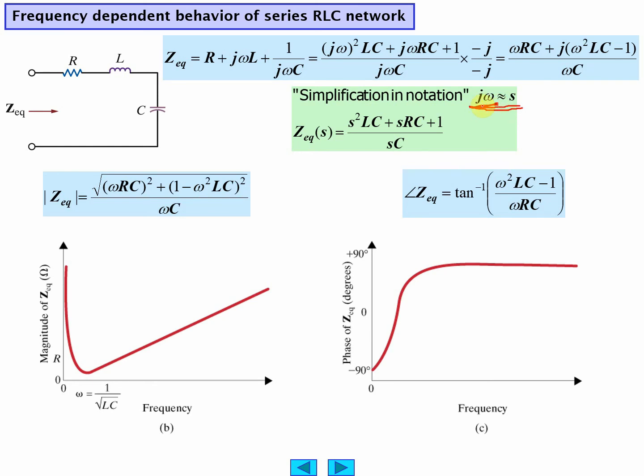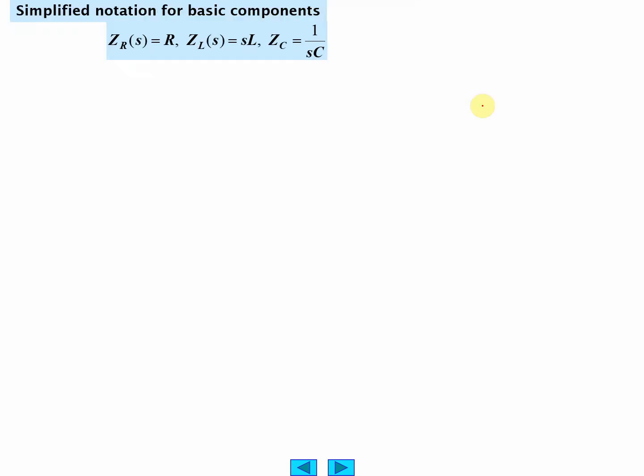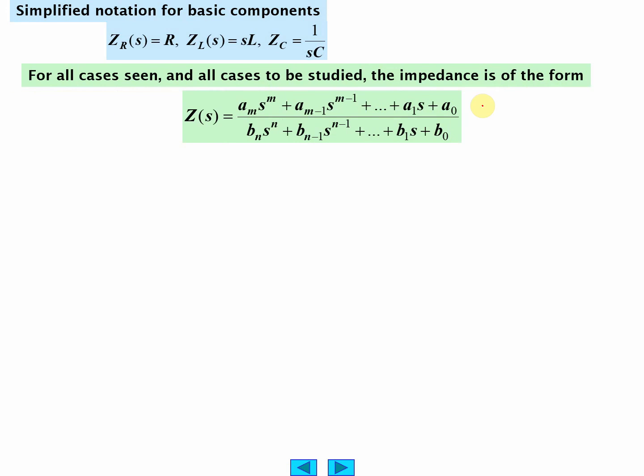So from now on, just remember, that's what S is. So now we have a simplified notation for the impedances. And here's something else. We can rearrange the impedance to always equal the ratio of two polynomials in S.